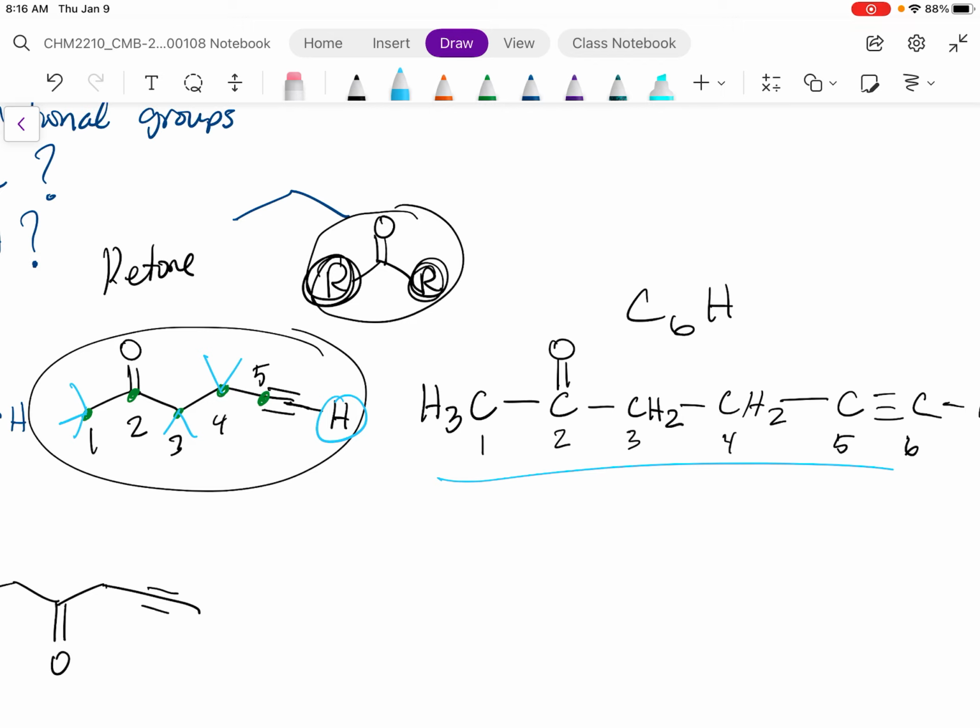No, because it already has 4 bonds. So what did I say, 8? And then what else do we have to add to make that chemical formula complete? An O. Okay.